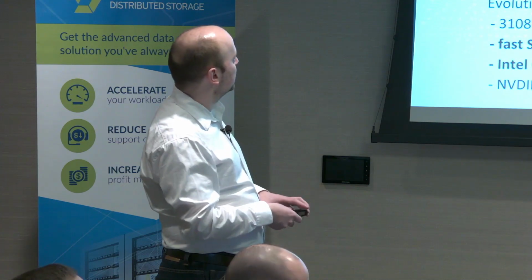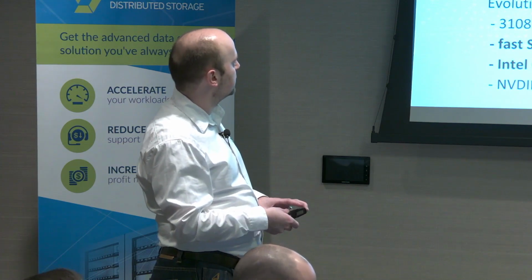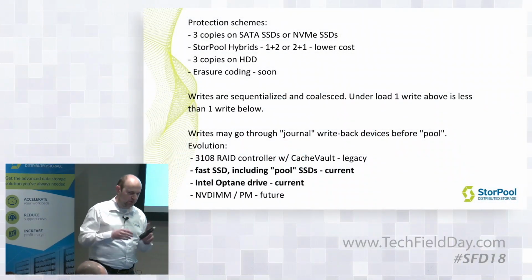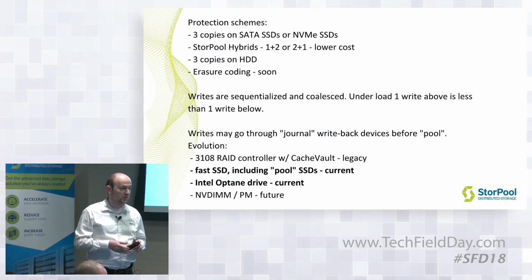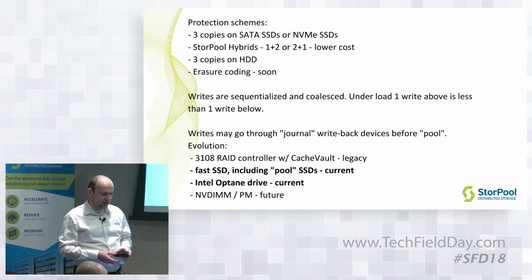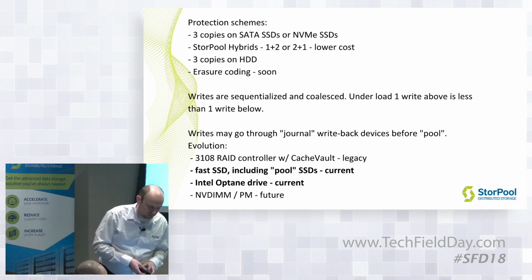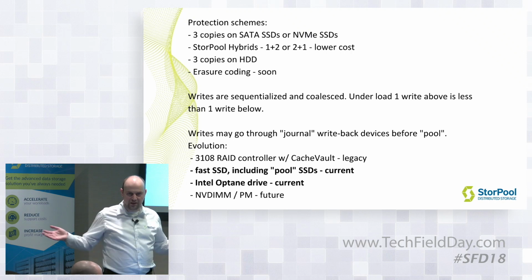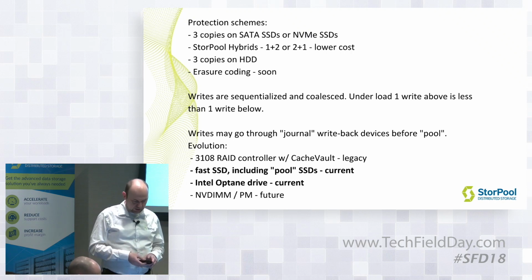Good. So protection schemes. 3 copies. A lot of our high performance deployed capacity is 3 copies on mixed media, meaning 1 or 2 copies on SSDs. Half of our deployed capacity is 3 copies on hard drives, which is unusually low amount. So for most storage systems, hard drive would take a lot more.